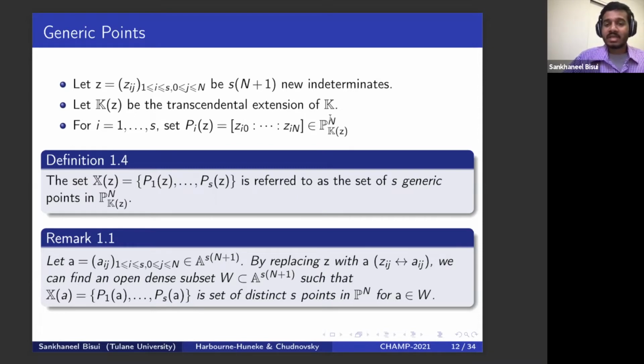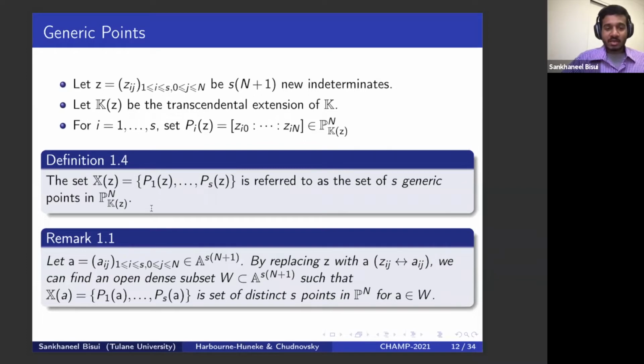The dimension remains the same, but the field becomes larger than the original field. So this set of points X(Z), with P1(Z) up to Ps(Z), is referred to as generic s points in the projective space P^n of K(Z).